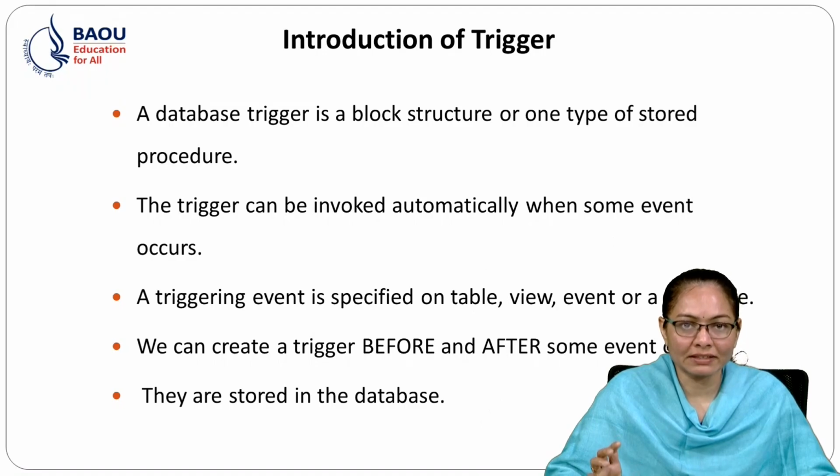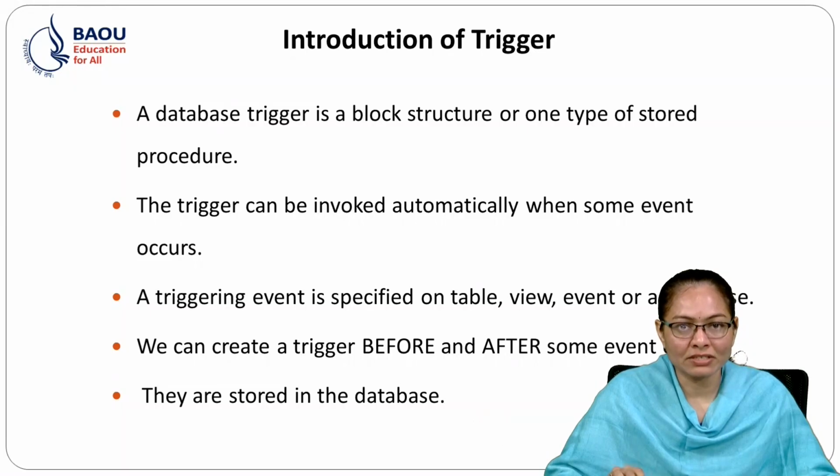We can create a trigger before and after some event occurs. Suppose we create a trigger before inserting data into the table, then every time we insert data into the table, first the trigger is executed and then the data is inserted into the table. They are stored in a database.